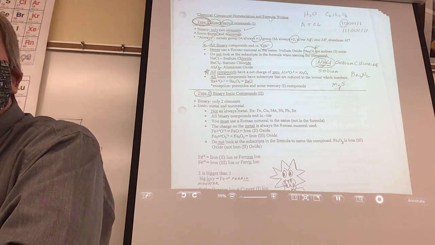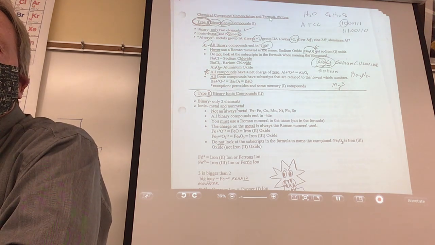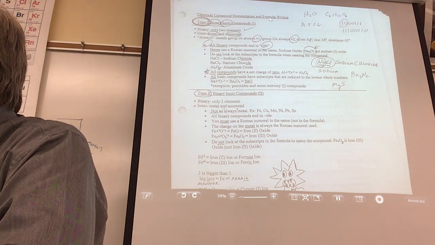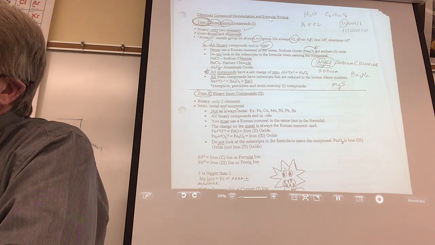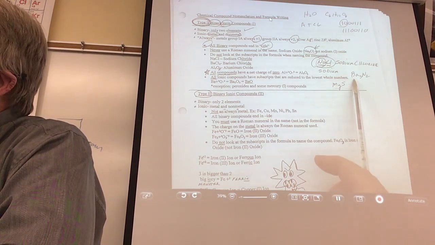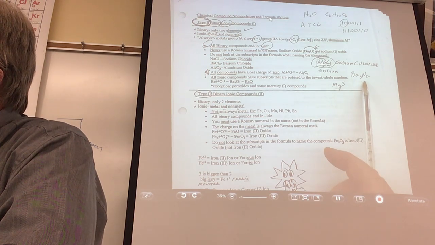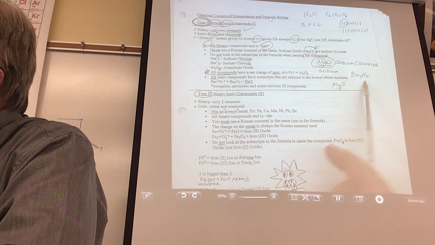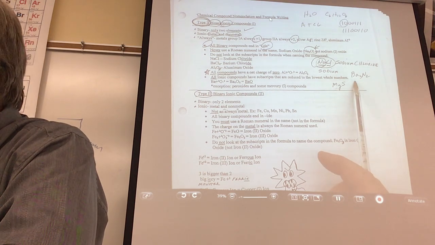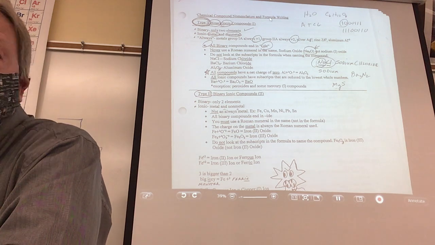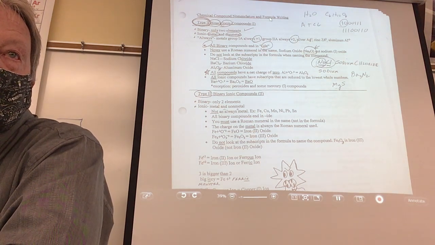If you just tell me, I'm not really sure. I wouldn't bet $10 on it. So say the name of the first one. You know the element? Barium. And then don't say nitrogen, because it's a binary. You're going to change it to what? Yep. So say the name. Yes. Barium nitride.